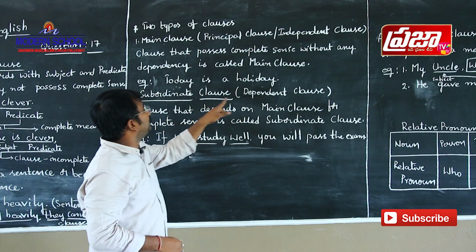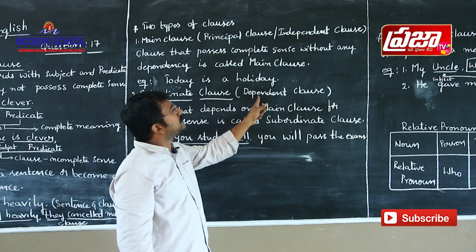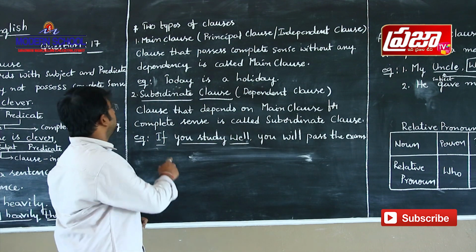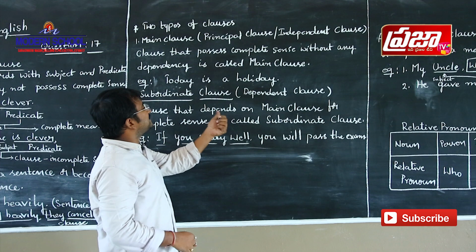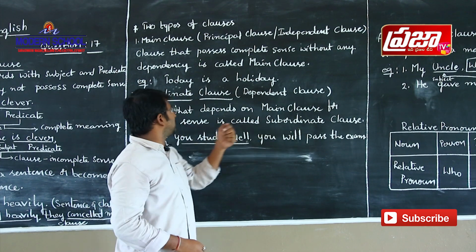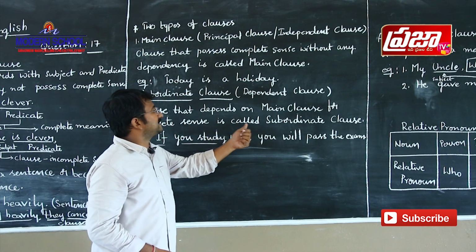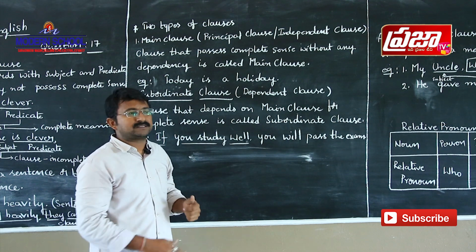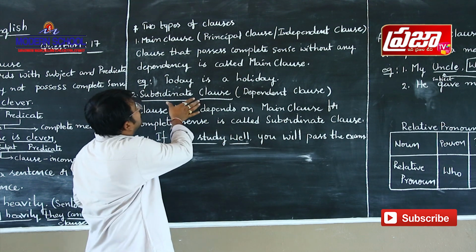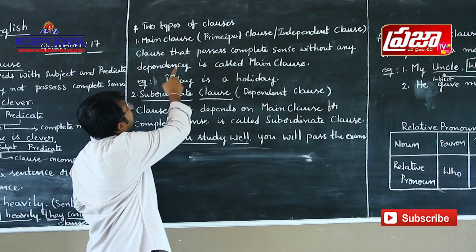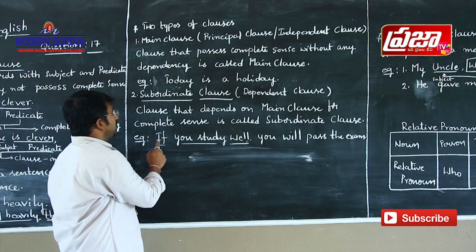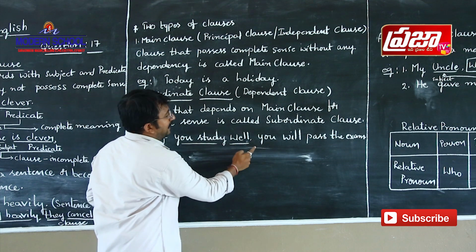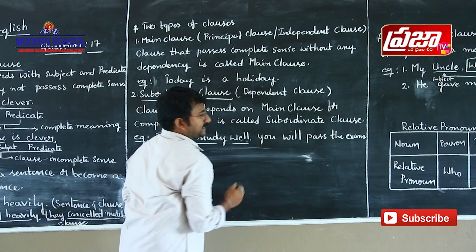And the second type of clause is the subordinate clause. The other name for this is dependent clause. What is a subordinate clause? The clause that depends on the main clause for the complete sense is called a subordinate clause. If you take this example, "If you study well, you will pass the exam."